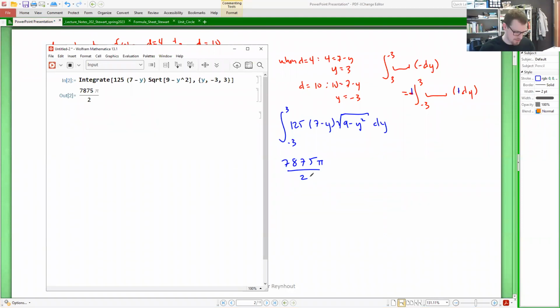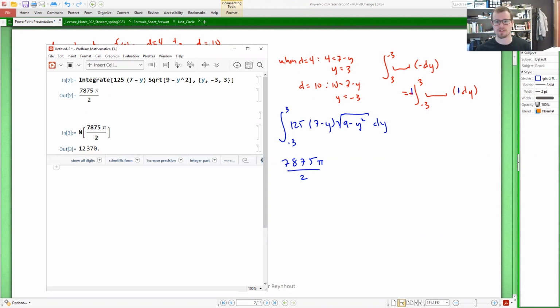I can find the approximation by asking Mathematica, if I copy that, I can just say capital N. I don't know what the reasoning for the capital N is. Maybe for number, right? I don't want an expression. I want a number. So then I can go ahead and hit shift enter, and it's going to give me that value here.